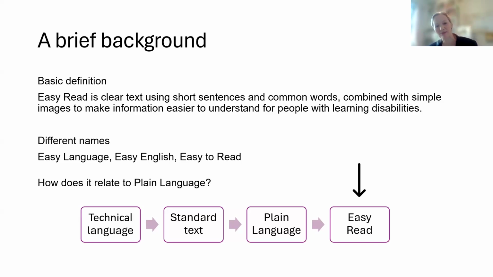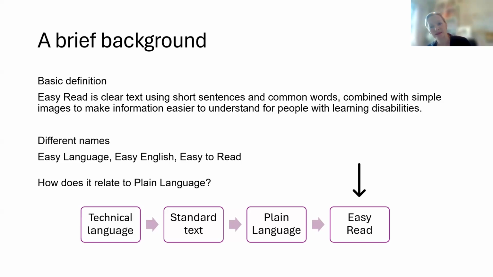So how does easy read relate to plain language? I've put this very simple diagram at the bottom, and if we think about it in terms of a spectrum, it's easier to place them. On the left, there's technical language. This might be something like a complex academic paper or a hard instruction manual. Then we get to standard text, which is generic everyday language, and then plain language, where people have thought about constructing it in a way that removes barriers to understanding.